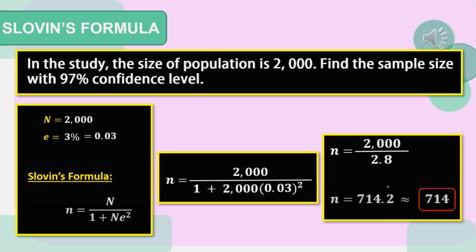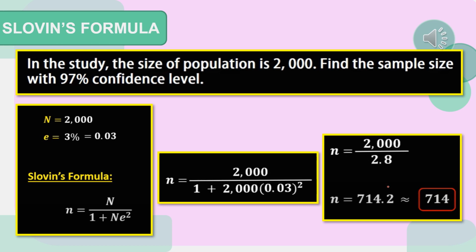Now 2,000 divided by 2.8 is equal to 714.28. So, one decimal place only. Pwedeng 714.2, which is approximately equal to, round it off sa next whole number. Then the answer is 714 pa din.